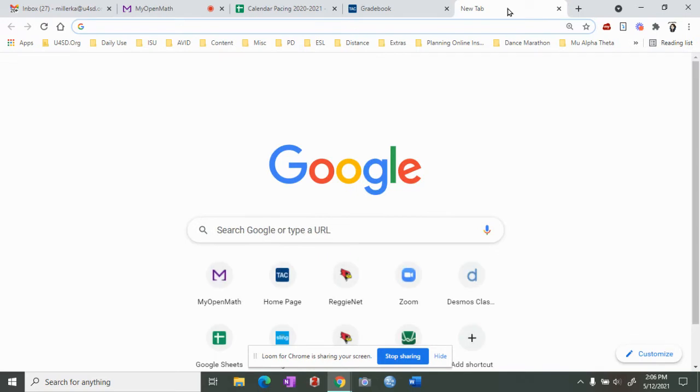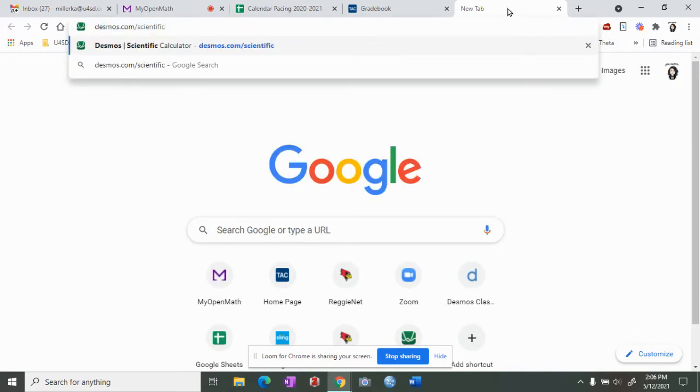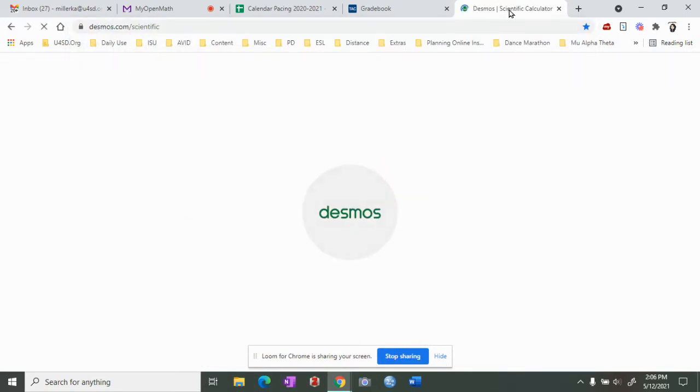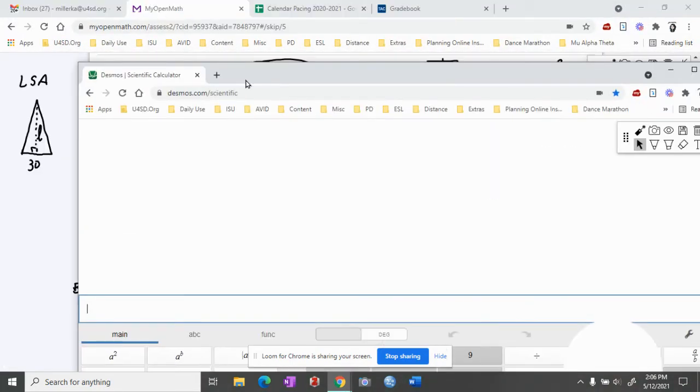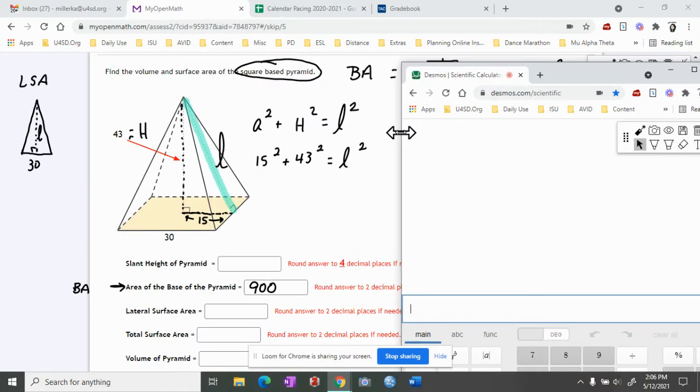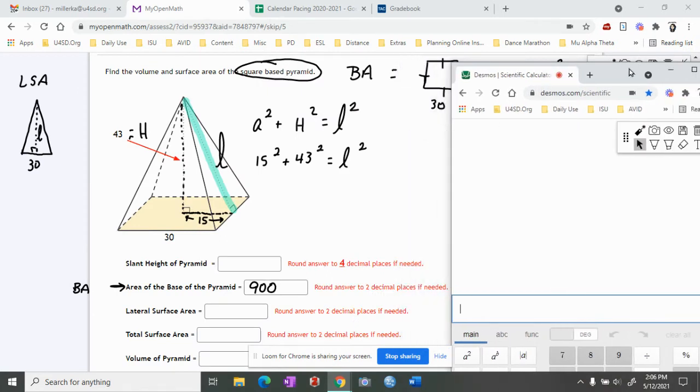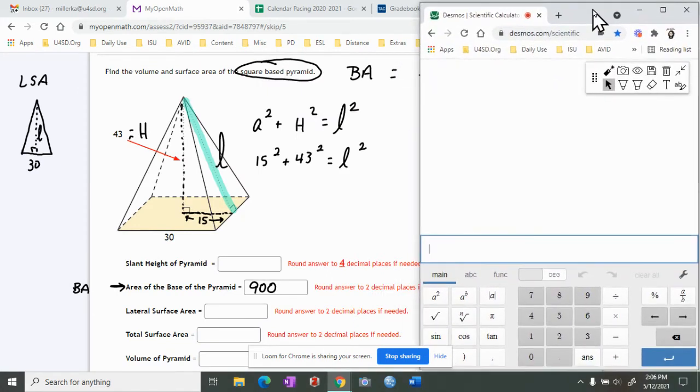So I need a calculator, desmos.com/scientific. Let me pull this out and resize so I can see both at the same time. Okay, so now I'm going to do my 15 squared plus 43 squared equals 2074.